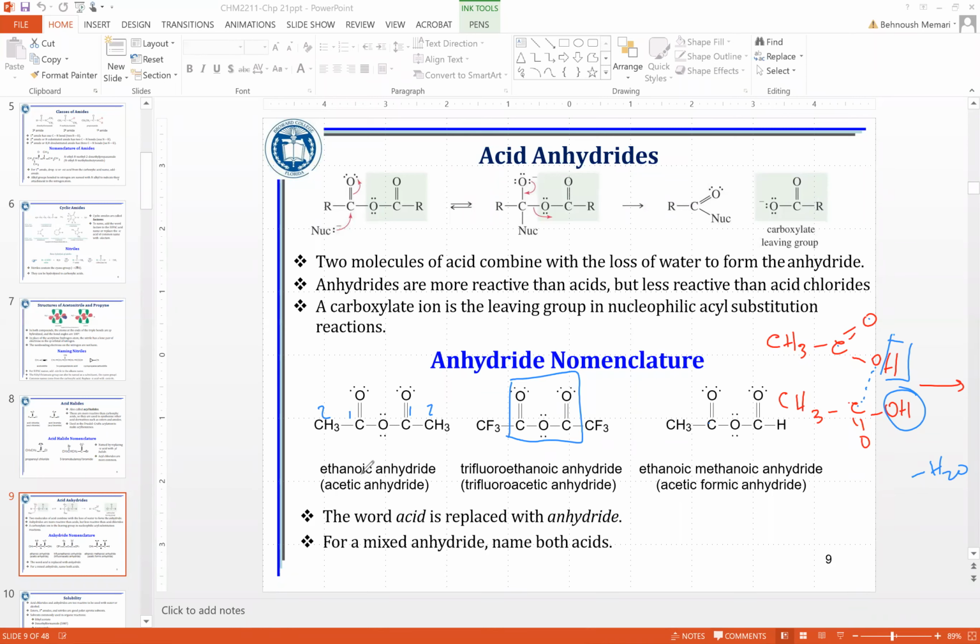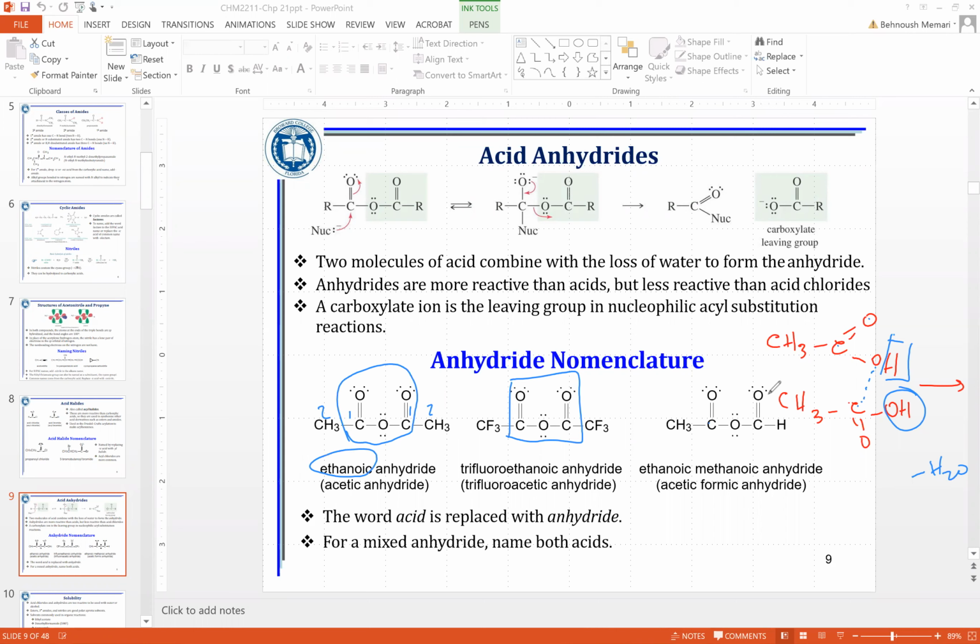So you just say ethanoic anhydride. It's understood that if it's an anhydride, it's coming from 2 carboxylic acids, but you don't have to repeat it, just like ethers. So ethyl ether means that you have two ethyl groups attached to oxygen.